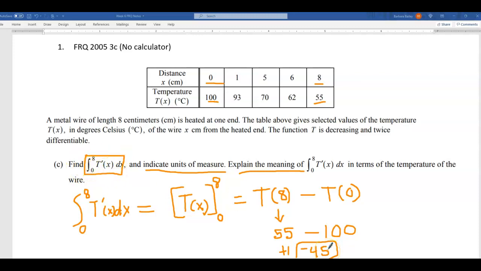It's negative 45. Now, they also want us to indicate the units of measure. Well, this is kind of difficult to see what the units of measure are right now. But by the time we get here, hopefully we kind of see it. I mean, we're getting 55 and 100, and those numbers are right here. So what are the units of those numbers? Well, those are degrees Celsius. So we have our units.